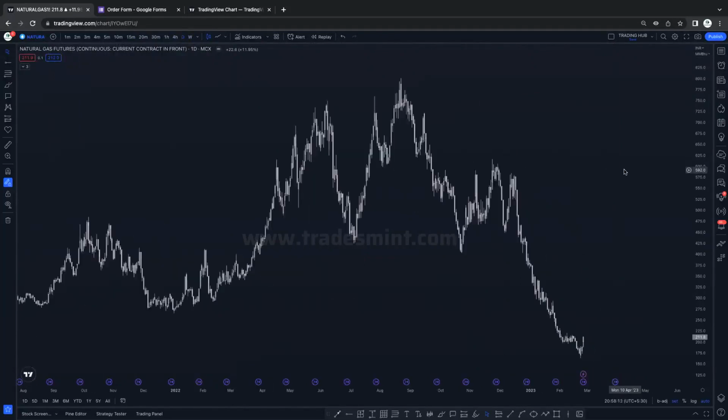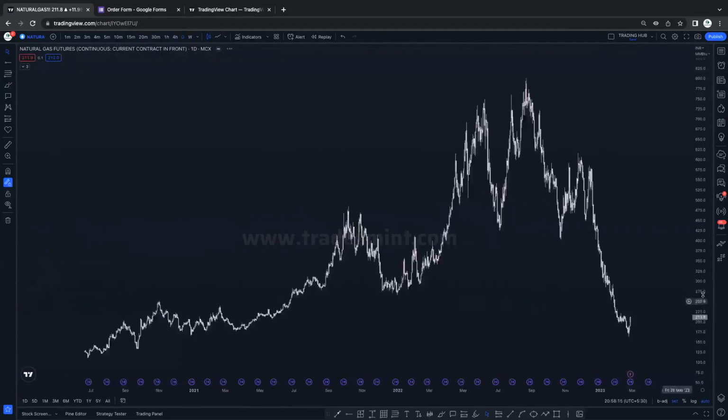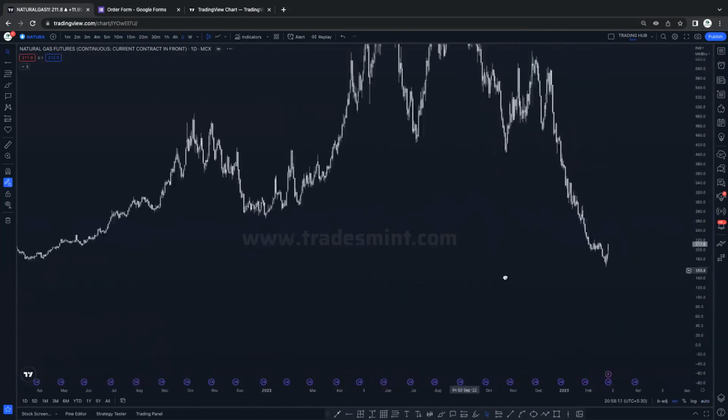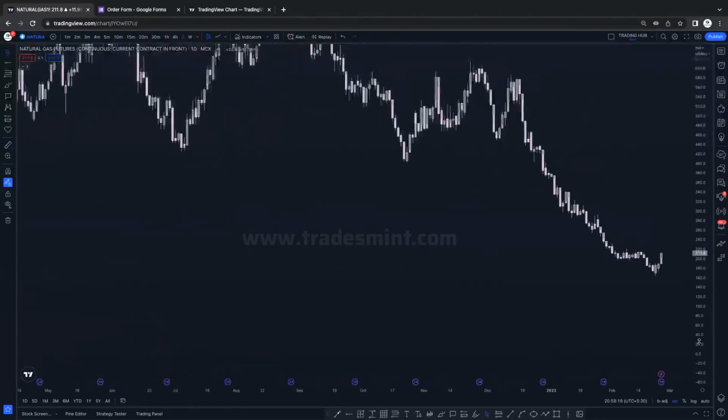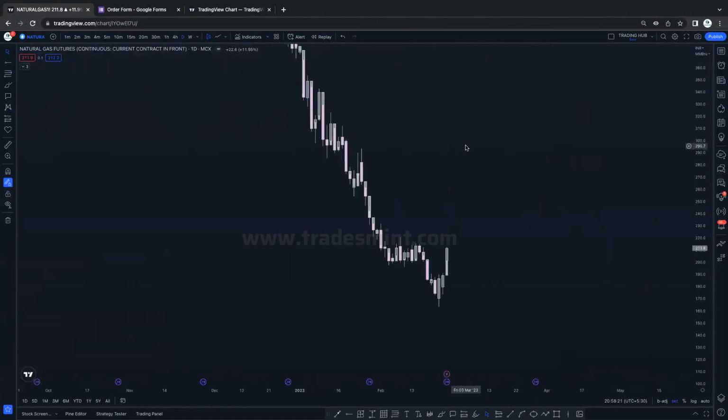Natural gas appears in a daily time frame. Okay, trying to take out the inducement. June is here. So price must take out this high before continuing to go lower or to the upside.